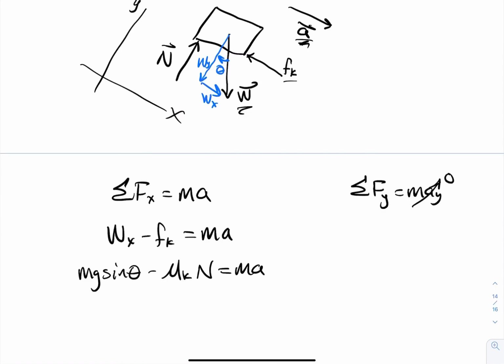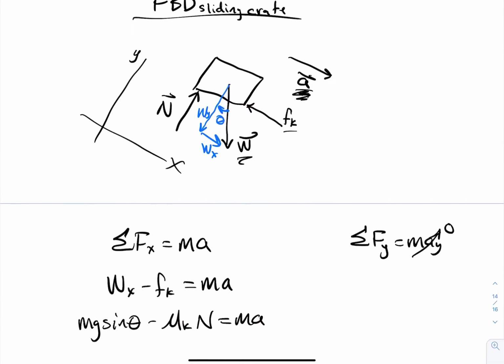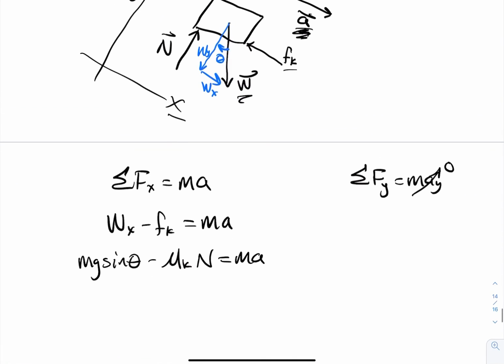a_y is 0 because the a is down the incline, and we call down the incline our x direction. And so the y direction forces are, again, the normal minus the weight in the y, and that's equal to 0, so we still get that normal is mg cosine theta.